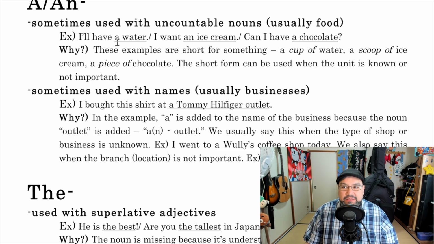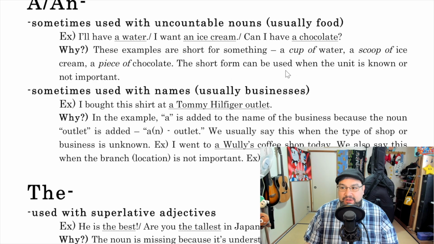Now, earlier I just said water, ice cream, those are uncountable, right? So why "a"? These examples are short for something. For example, a cup of water, a scoop of ice cream, a piece of chocolate.